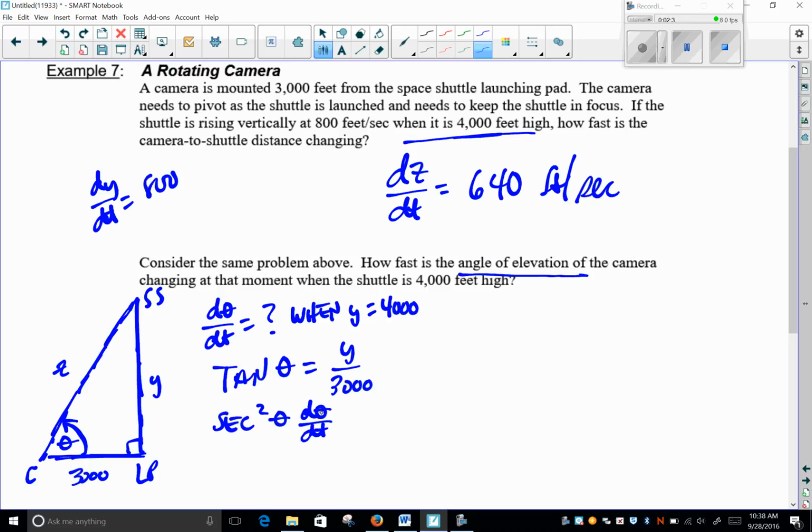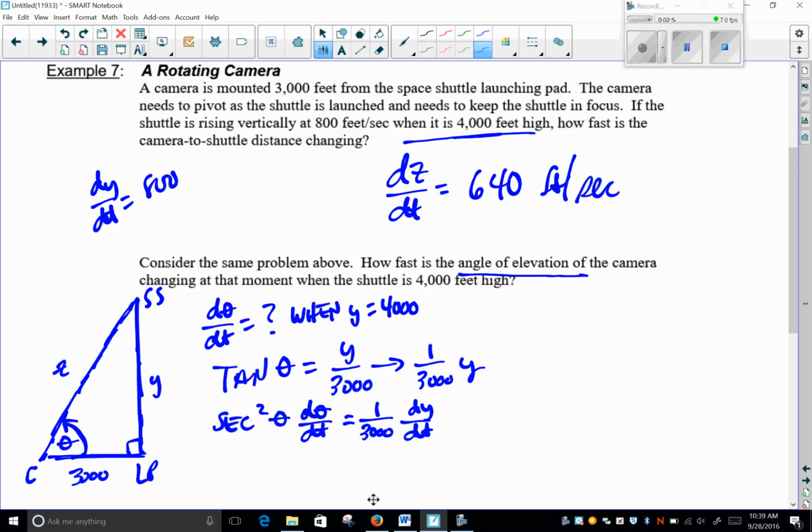That's the part we always kind of forget right there. I know I do. Equals, okay, this y over 3,000 is also 1/3000th y, so it makes it easier to do the derivative. So the derivative is 1/3000th dy/dt.